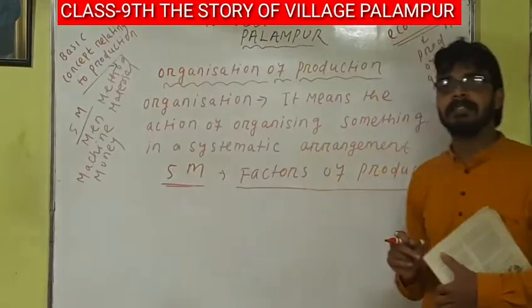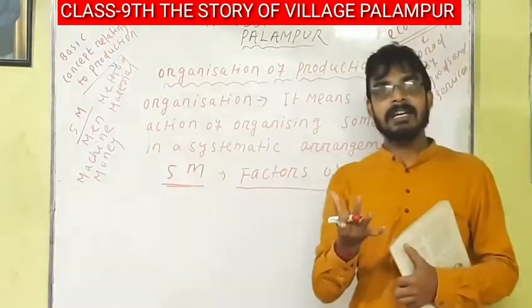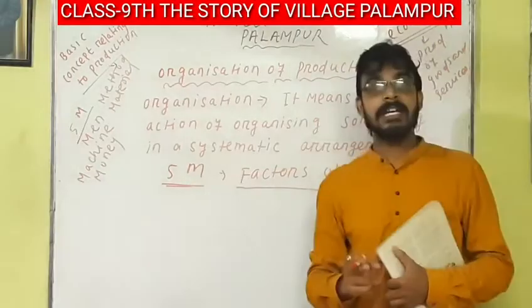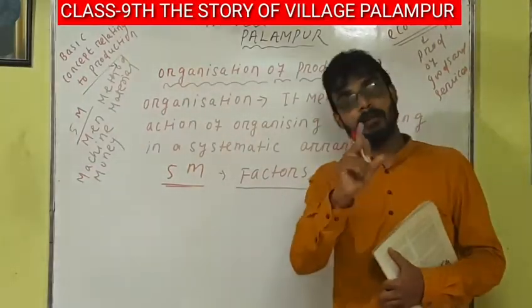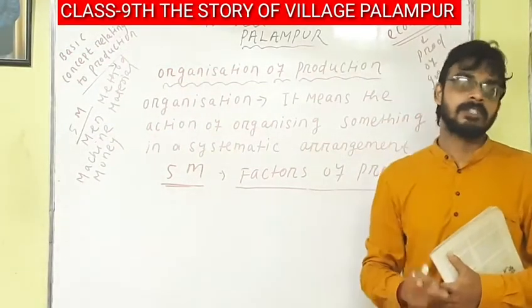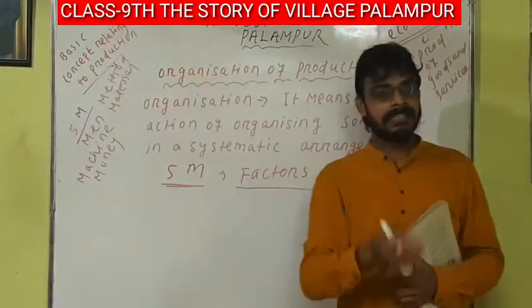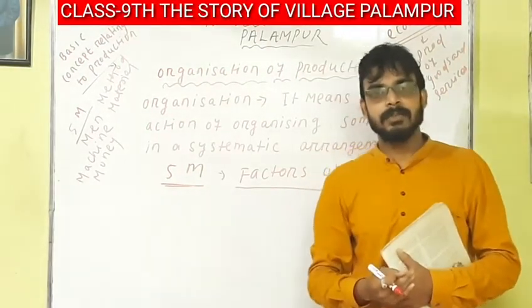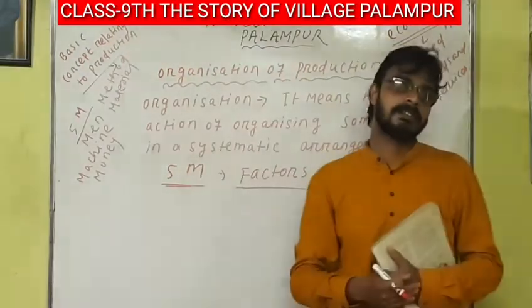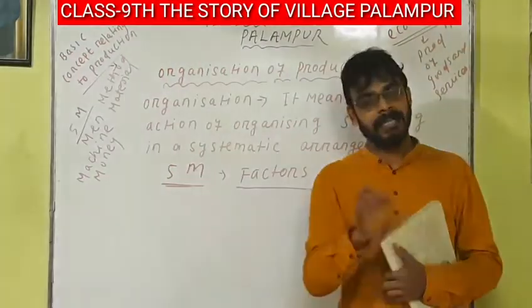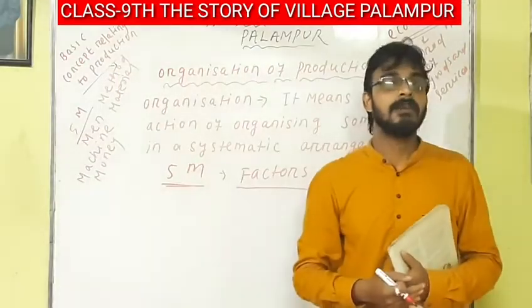Physical capital means what we can see, which is known as tangible. Tangible goods are of two types: material goods and non-material goods. Material goods are what you can see, like table, chair. Non-material goods we can also call services, like doctor, lawyer, teacher. The service provided by them is considered non-material.